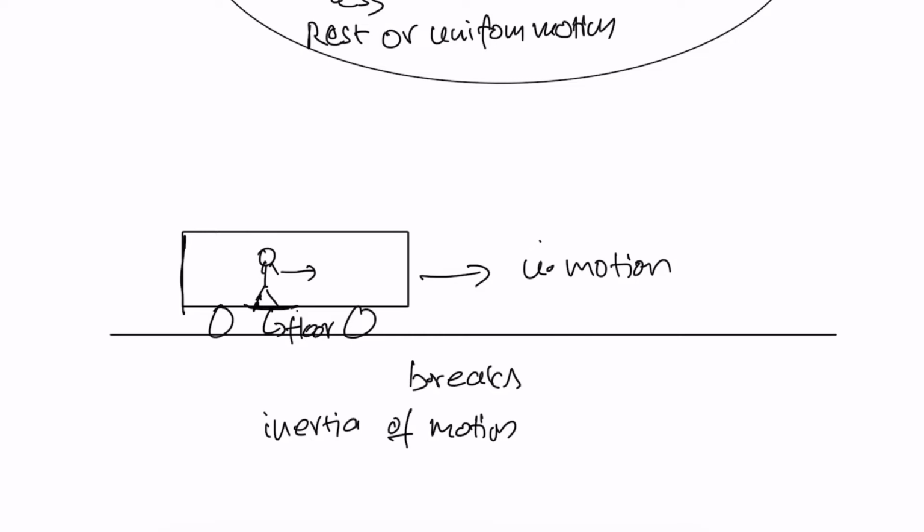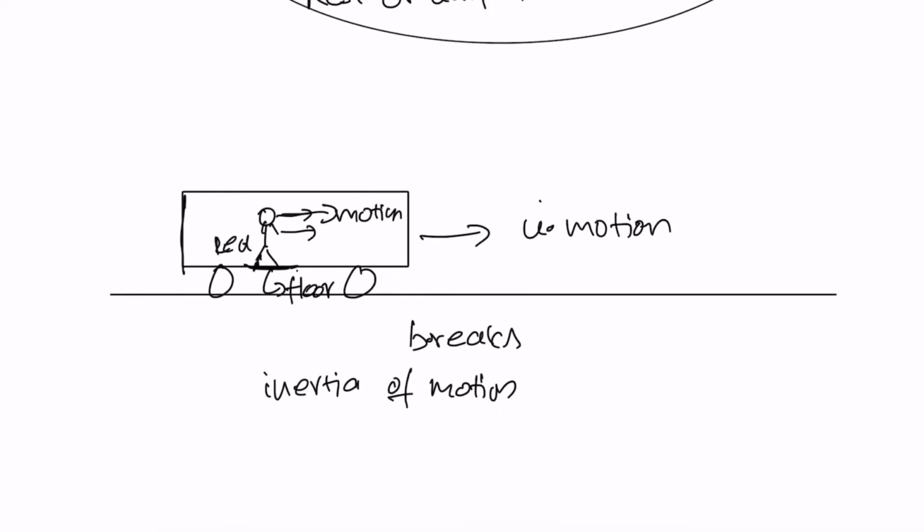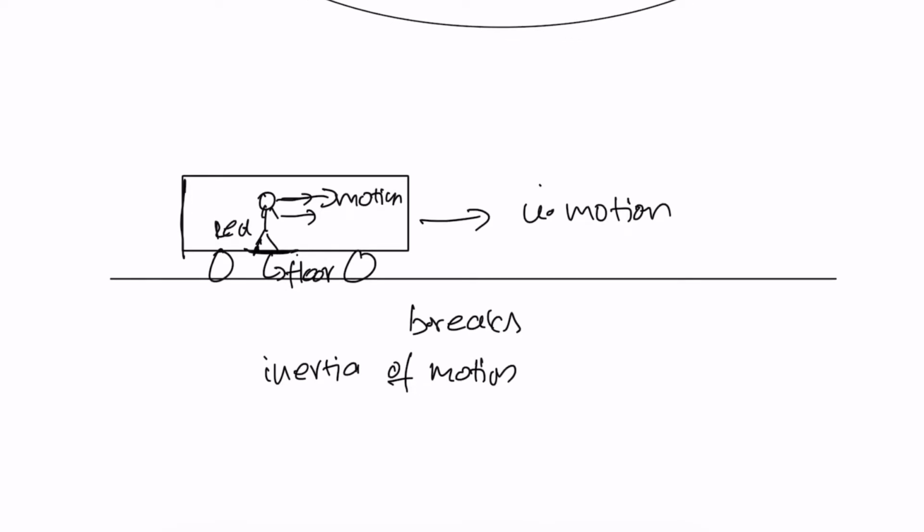Due to that, your legs are suddenly stopped, but the head is not stopped because there is no contact with the bus. So while in motion, the legs come to the rest position, and the head is moving forward. In such a case, you fall down forward. This is due to inertia of motion.